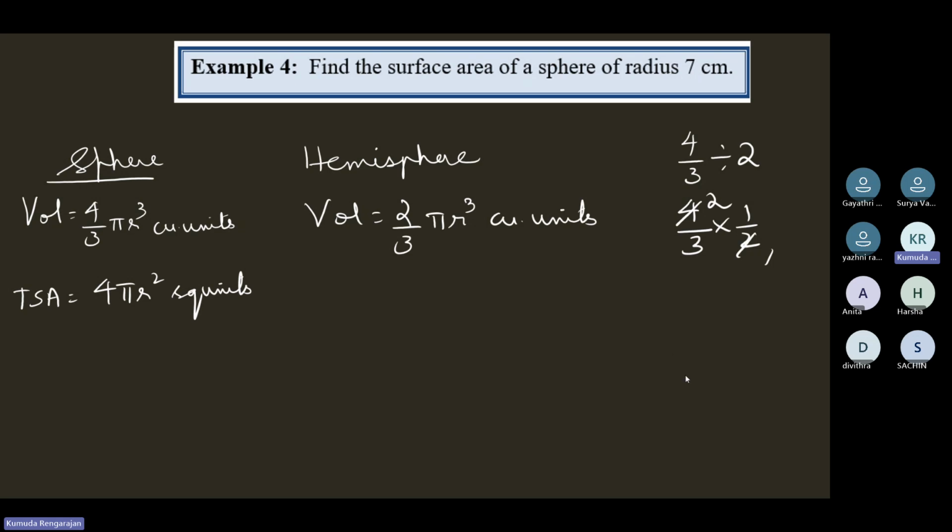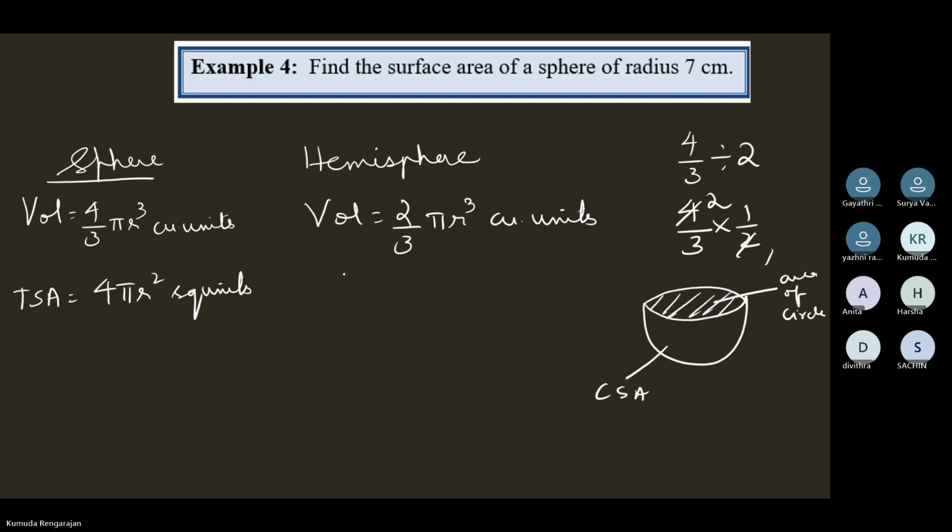Hemisphere has both CSA and TSA. So this is the curved surface area. This is the area of circle. So curved surface area is equal to 2 pi r square units.